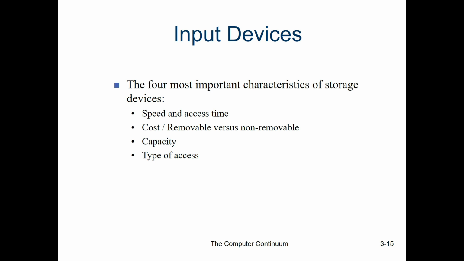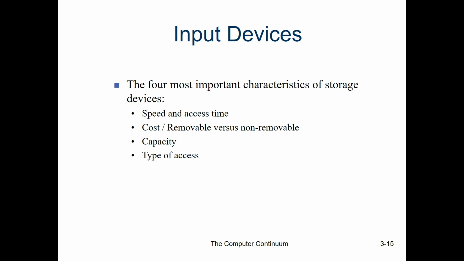I am sure. So, the four most important characteristics of storage devices. Now we discuss memory. Primary memory, which we just talked about, is RAM, and the second thing is secondary memory or storage devices.